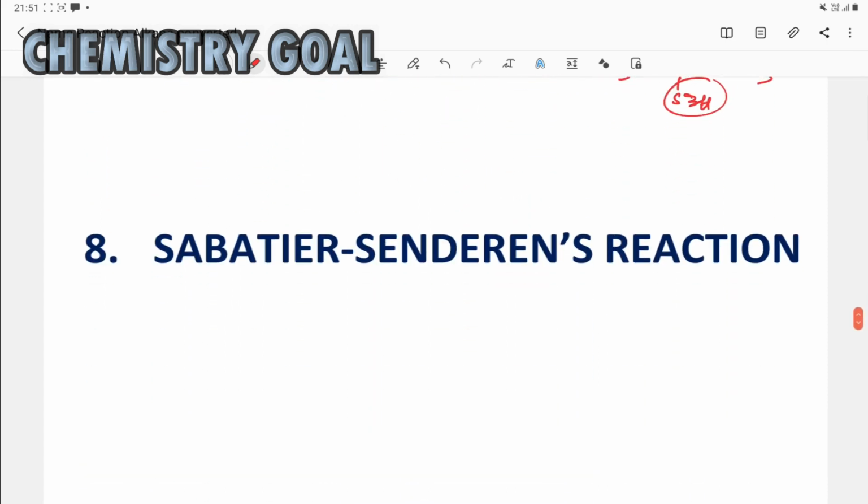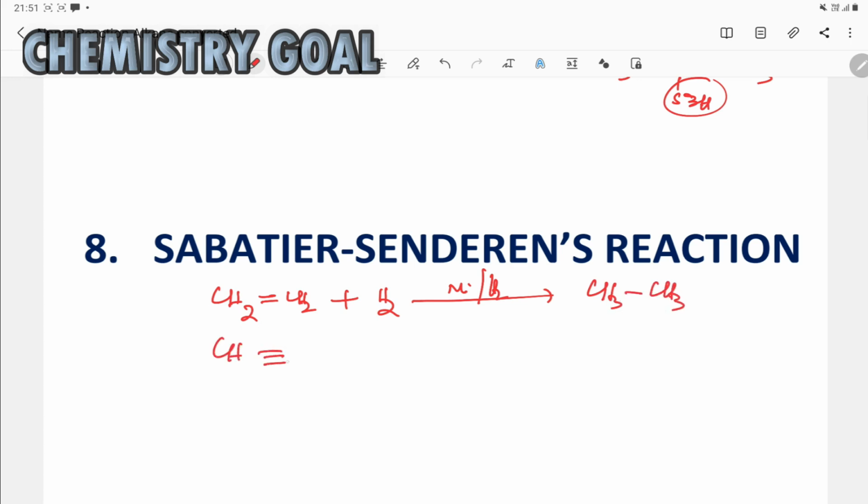Then a very important name reaction is the Sabatier-Senderens reaction. It is also used in the preparation of alkane. It is like this: if you take an alkene and treat it with hydrogen in the presence of nickel metal, the result is formation of alkane. If you take an alkyne, it also undergoes reduction; here two molecules of hydrogen are required.